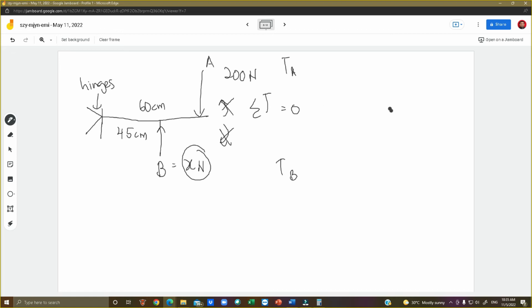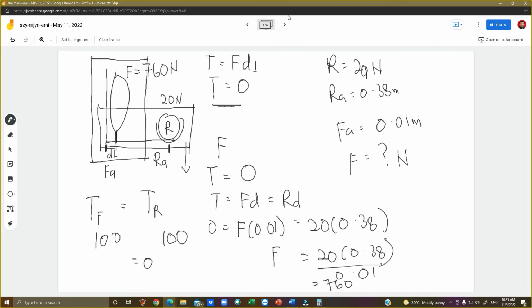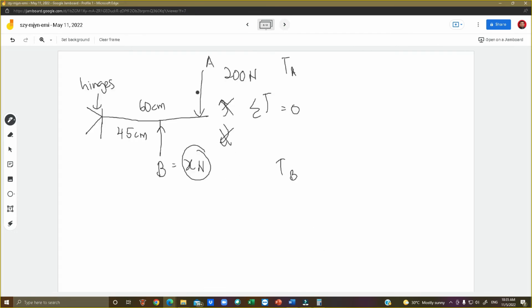Okay, so we can have an equation like this. Macam yang ini tadi, kita buat satu-satu. Atau, when the system is 0, summation of torque equals to torque A plus torque B equals to FDA plus FDB. It need to be equals to 0.